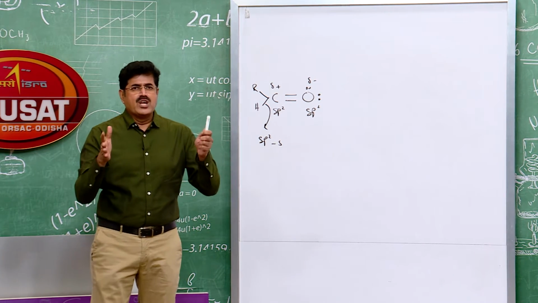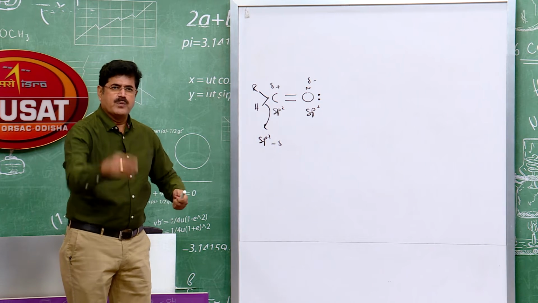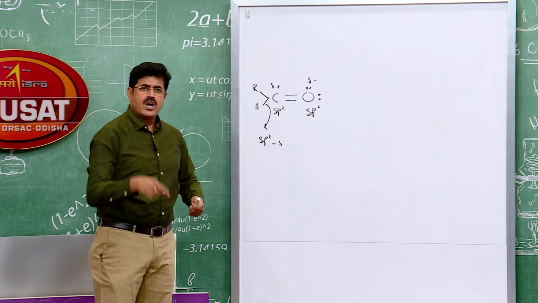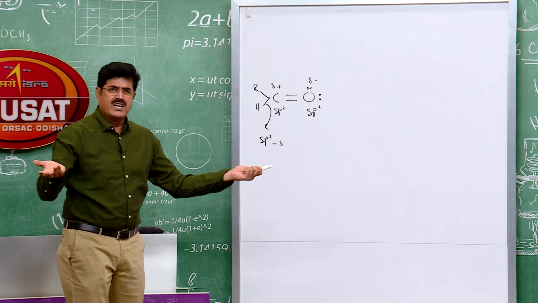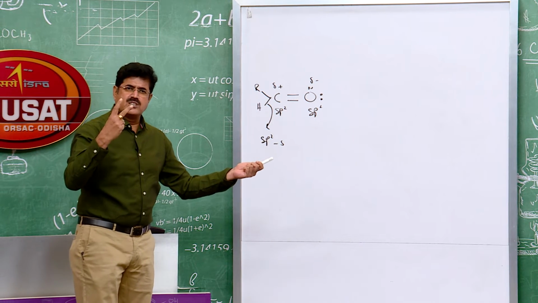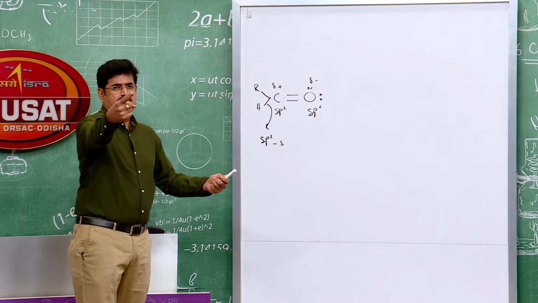Yes, there is another point which also contributes polarity to the carbonyl group, that is resonance. You know resonance. Resonance is defined as a phenomenon in which two or more structures involving identical positions of atoms can be written for a particular compound.